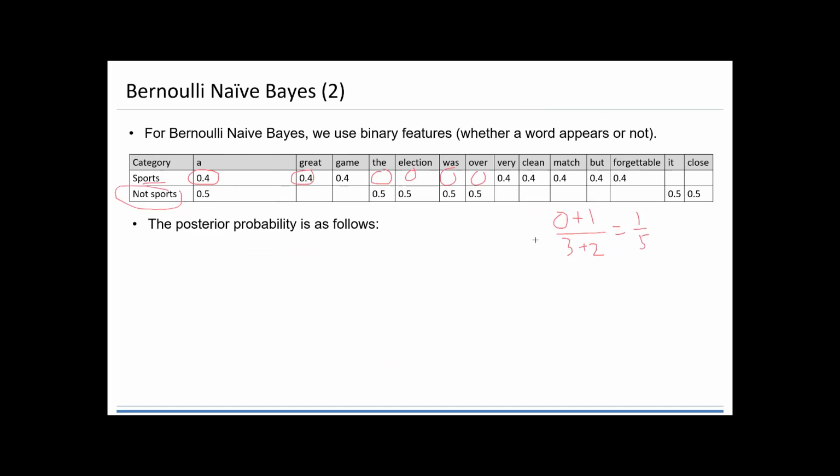For not sports, it will be 0 plus 1 divided by 2 plus 2, so the probability will be 1/4. So this 1/4 will be for every 0 in not sports, and 1/5 will be for every 0 in sports.